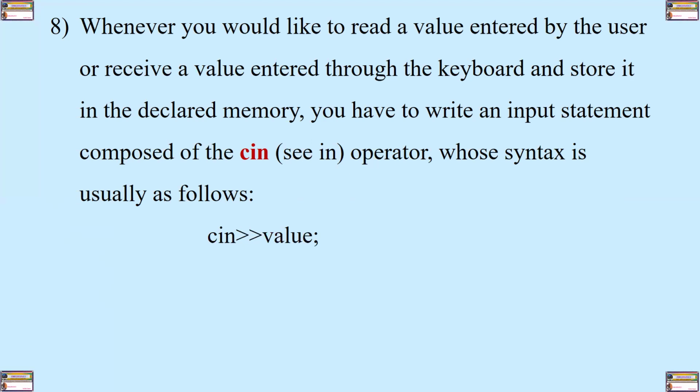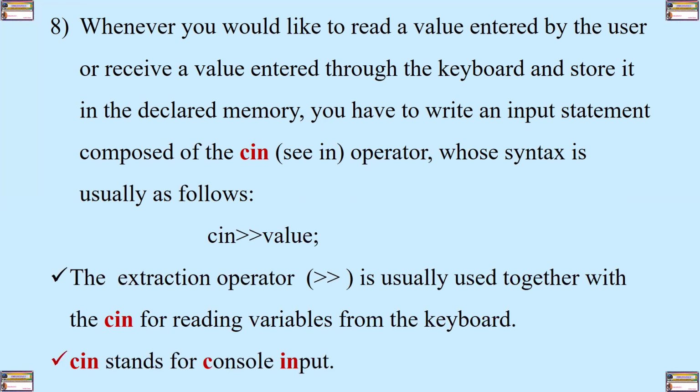In the memory location called value, pick the content that has been entered by the user through the keyboard and store it in the memory location called value. So cin stands for console input, and in this case, console is keyboard.